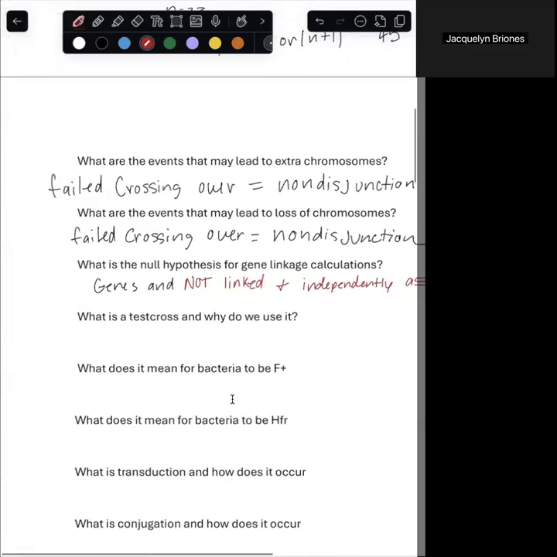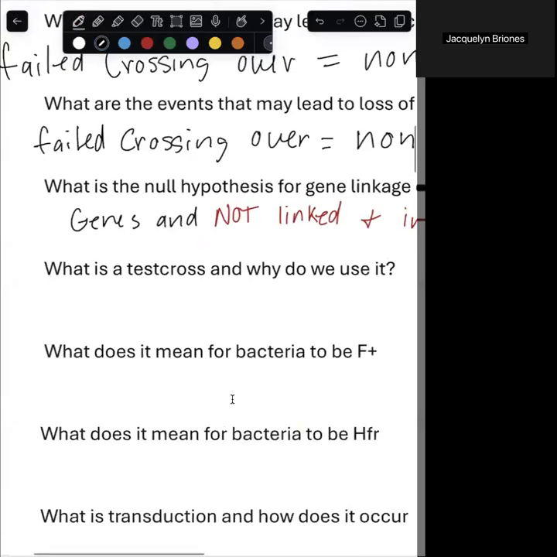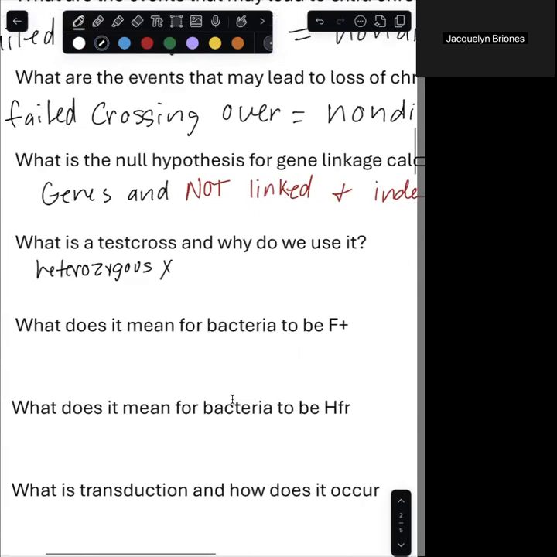Okay, what is a test cross and why do we use it? So a test cross is a heterozygous individual crossed with an individual that is homozygous recessive.